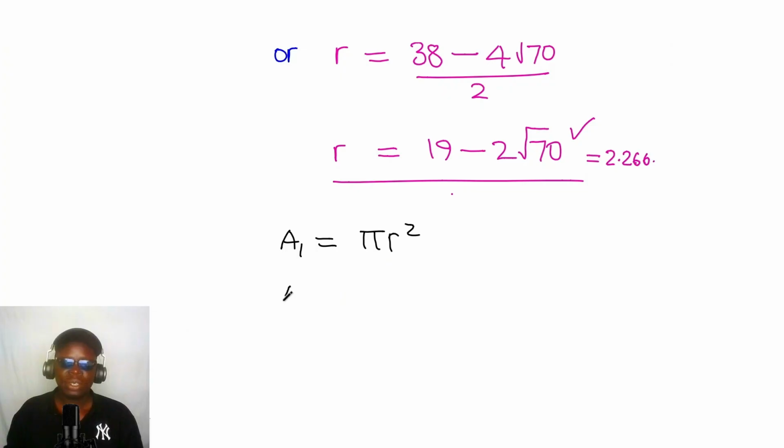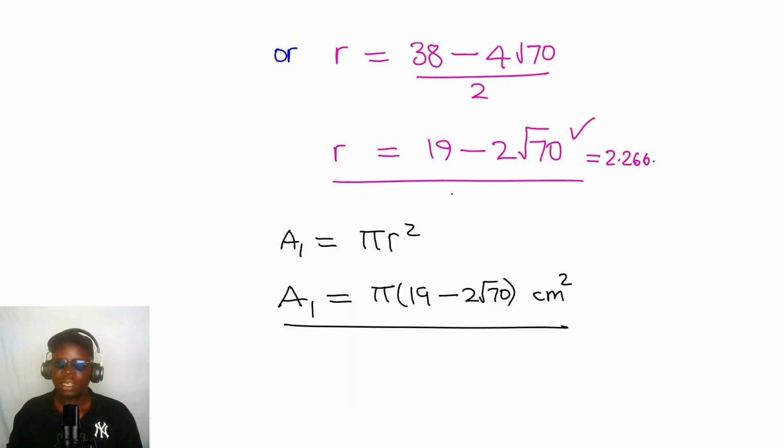Now, making substitution, our area 1 equals, let's keep our pi here, 19 minus 2 root 70, is our area of the smaller circle in square centimeter.